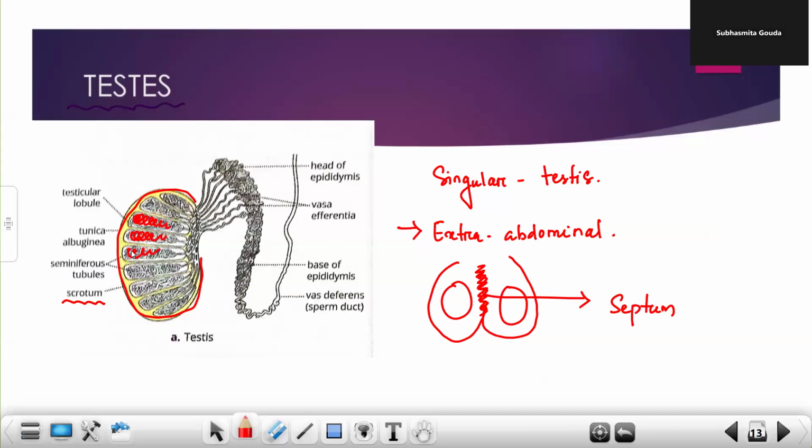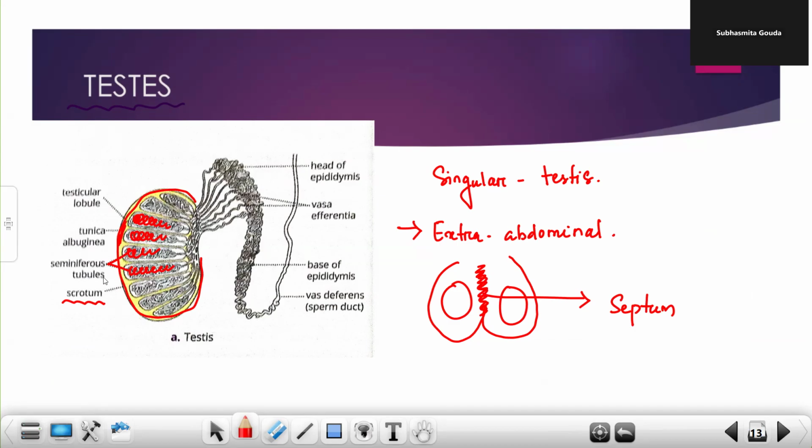So these are called the seminiferous tubules. And each testis is enclosed in a capsule of white fibrous connective tissue, which is called the tunica albuginea. Tunica albuginea. This is the white fibrous tissue.